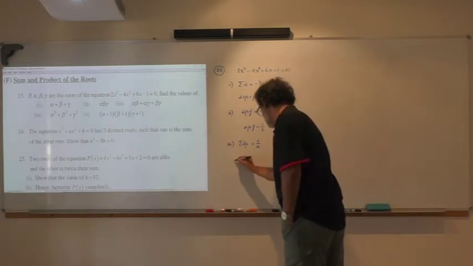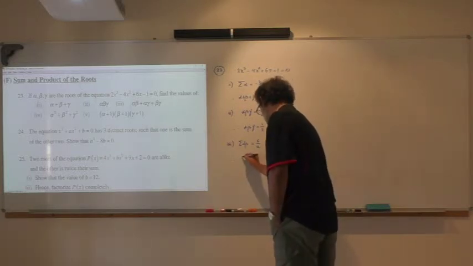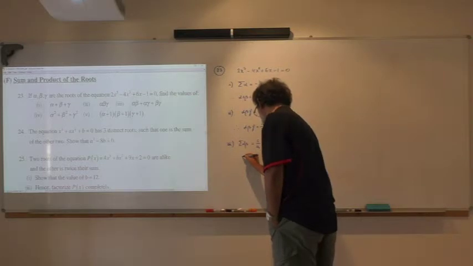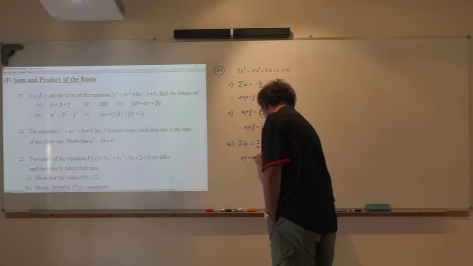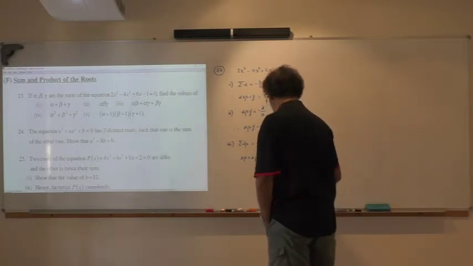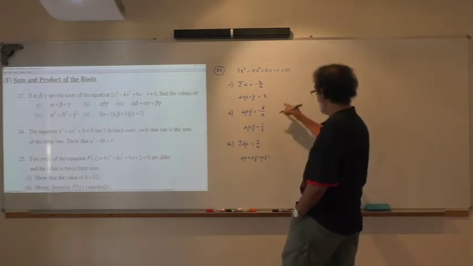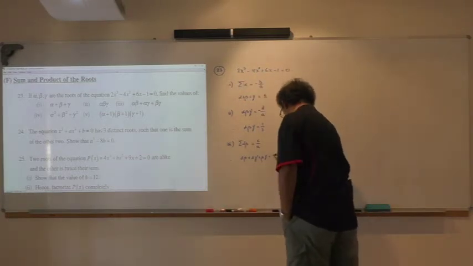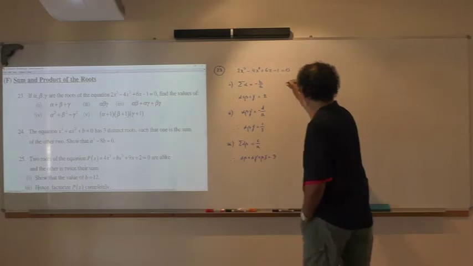So therefore what they want, alpha beta plus alpha gamma plus beta gamma, is going to be equal to 6 over 2, which is 3.